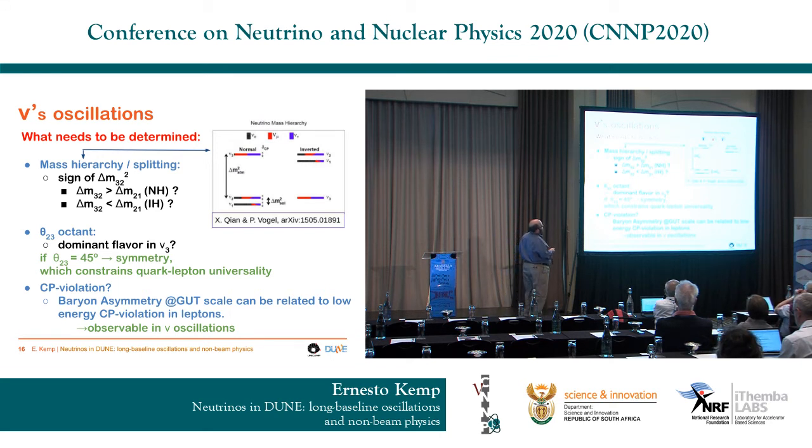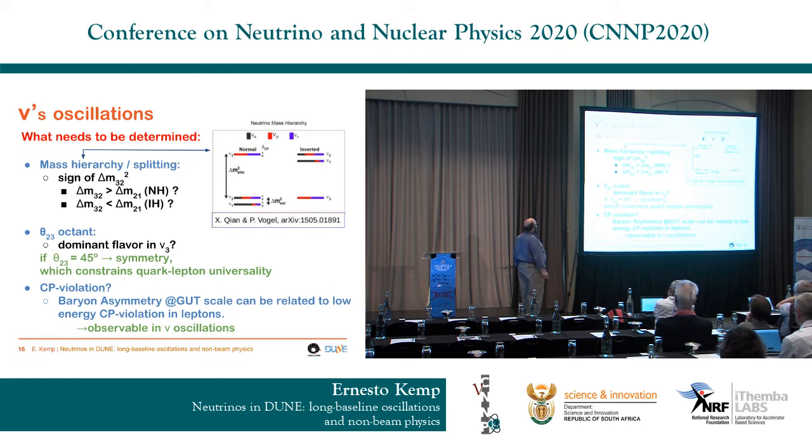That means that we don't know if the third mass eigenstate is heavier than the second and the first one, or if you have the inverted hierarchy in which the third mass eigenstate is lighter than the 1 and 2. So this has a big impact on the oscillation probability.